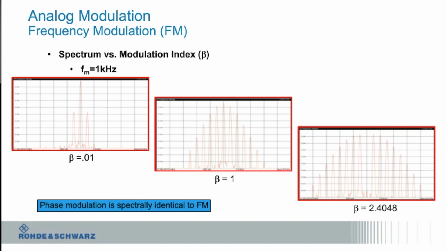Okay. Question? For FM, why do you get more tones as opposed to just getting a wider band? Think about that. It's a good question. The frequency is very continuous. Yeah, but you're getting more frequency components, right?